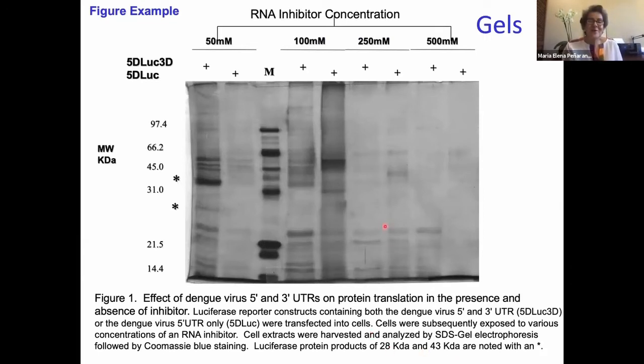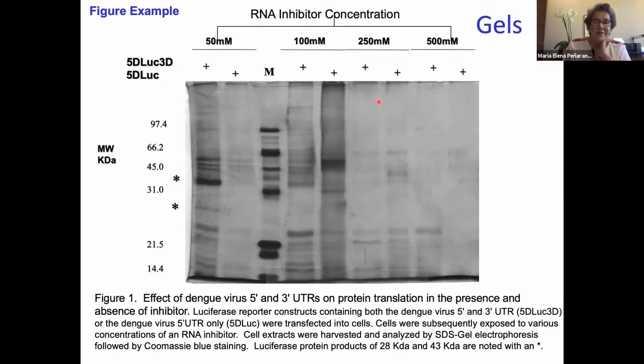This is a photo of an experiment, a protein gel. It's not very pretty. I think you can do better and present better gels, but this is very helpful. This will be the molecular weight controls, and this is the expression of the protein you want. Effect of dengue virus on protein translation in the presence and absence of an inhibitor.